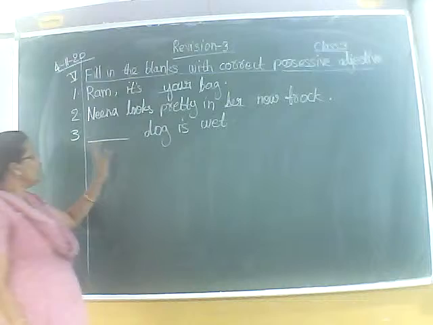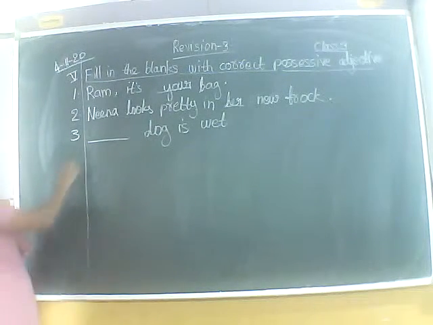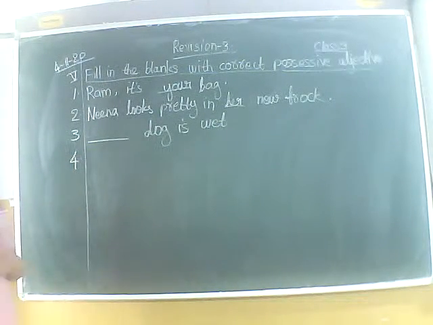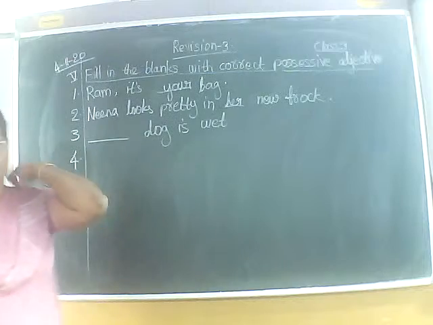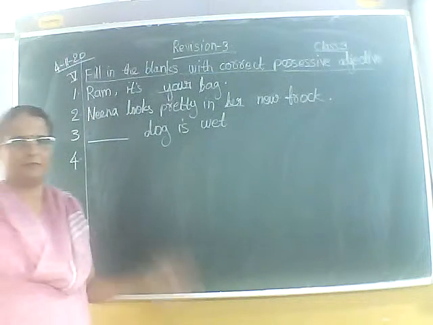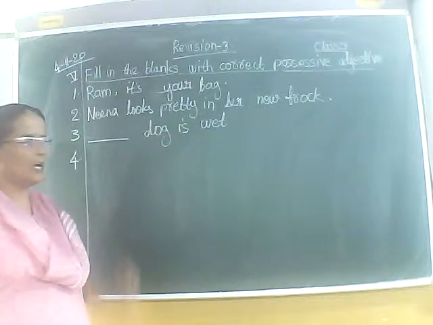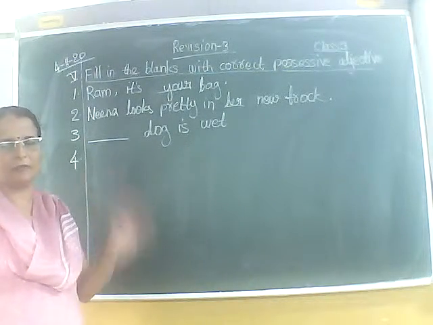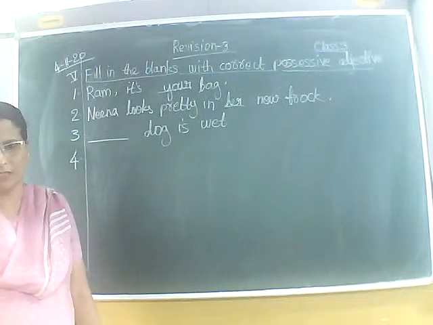Okay, next. Dash dog is wet. Suppose you have a dog. How will you say it? Dash dog is wet. You have a pet dog. Then what will you write here as a possessive adjective?